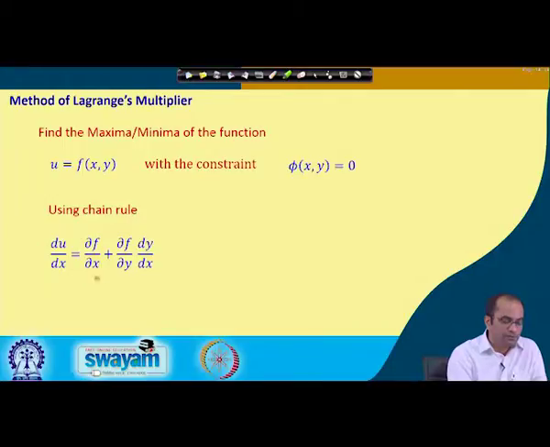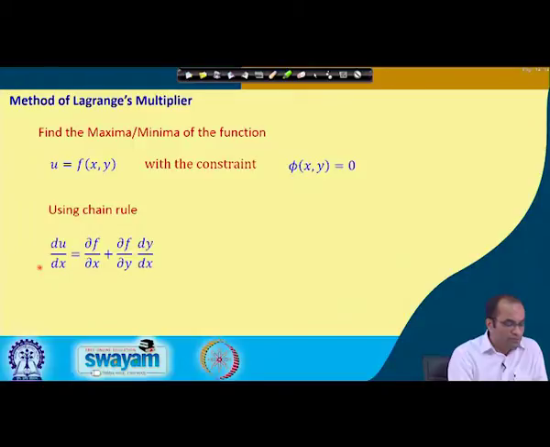With the chain rule, we can get that derivative in terms of partial derivatives: the partial derivative of f with respect to x, times dx/dx, which is 1, plus the partial derivative with respect to y, times dy/dx.